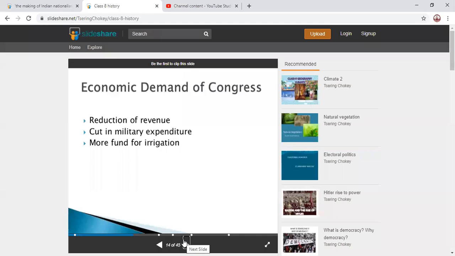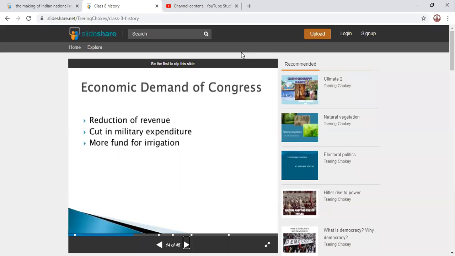That's why the moderates, one group of people, separated from the Congress and became the radicals. The Congress was demanding such issues, but in the end the Britishers did not follow or complete all these demands, and some people from the Congress separated.